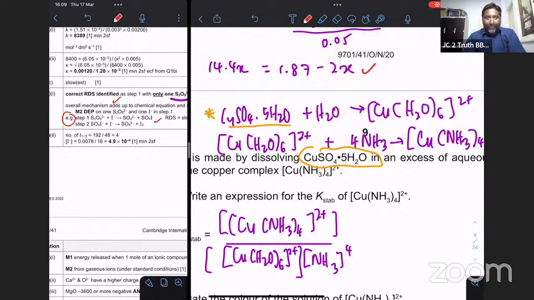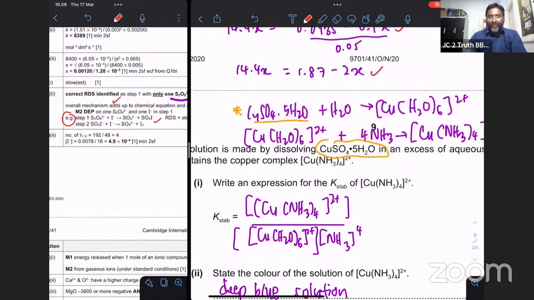When you put copper sulfate with 5H2O in excess aqueous solution, before it reacts with ammonia, before ligand exchange actually takes place, they are going to form this when they add H2O: 6 ligands of water will be surrounding the copper.